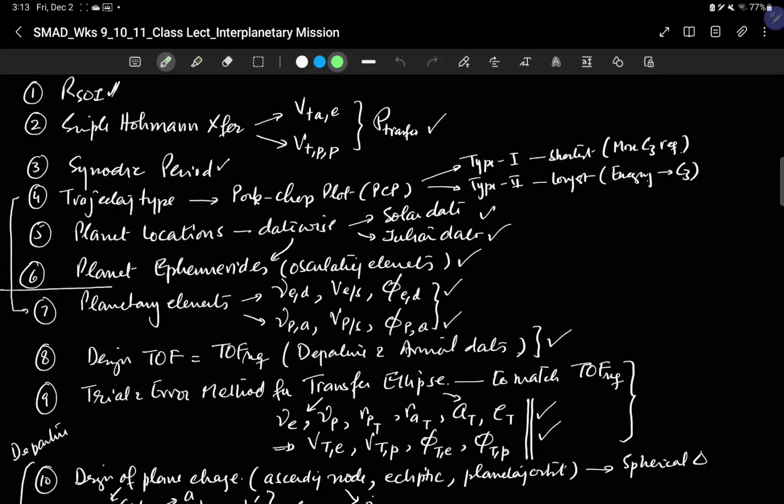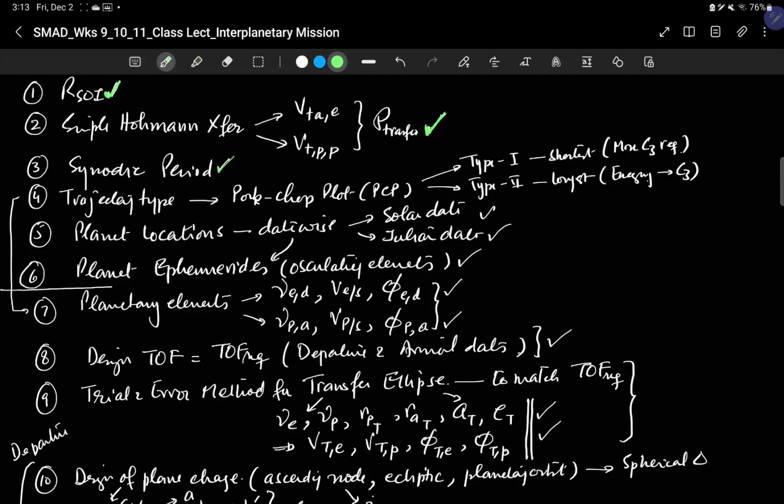We have finished the calculations of the sphere of influence. Then we started off with very basic and simplified calculations related to the simple Hohmann transfer, from the ideal location, where the two planetary positions lie at opposite apses. And then we calculated the synodic periods for different planetary bodies.